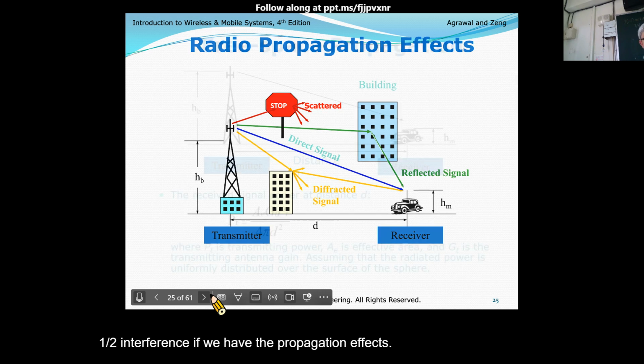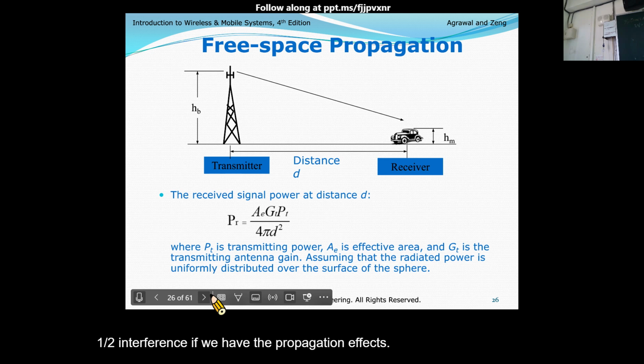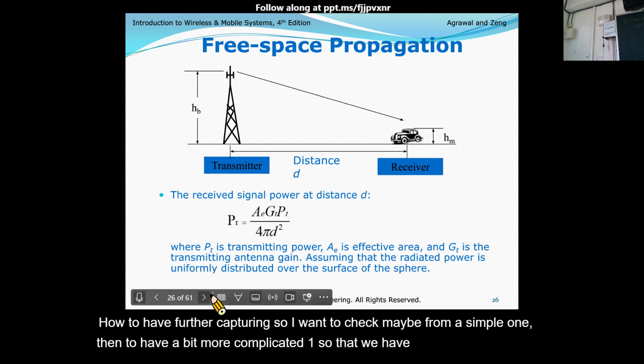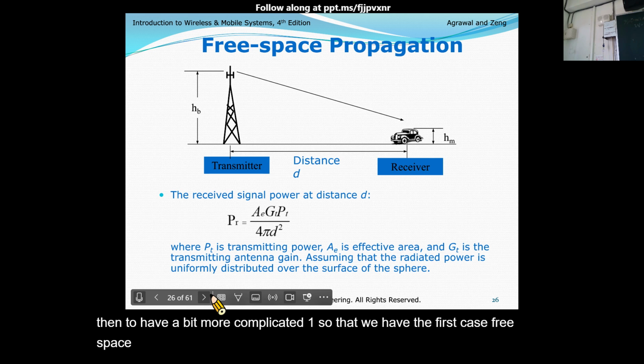Well, how do we capture this further? We want to check from the simple one, then a bit more complicated one. We have the first case, free space propagation, where we just consider that we can propagate and receive a signal at a distance d, and then what's the power?